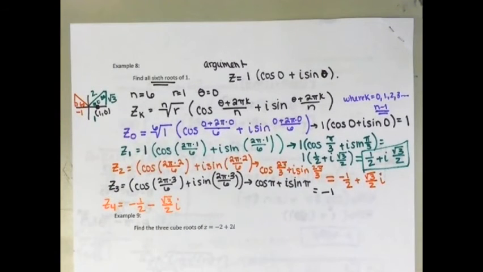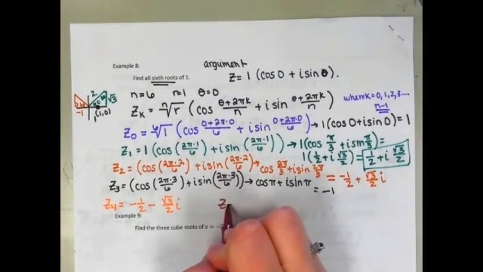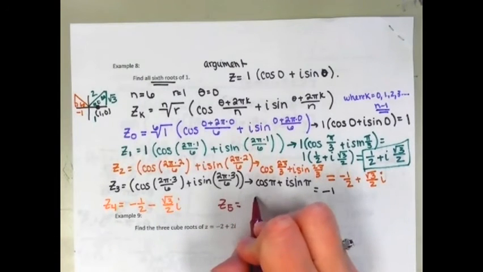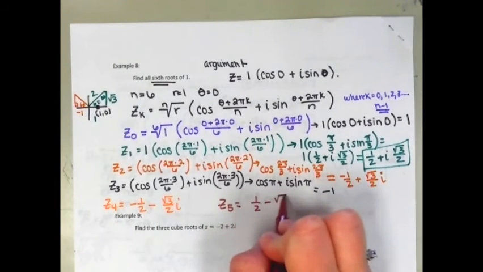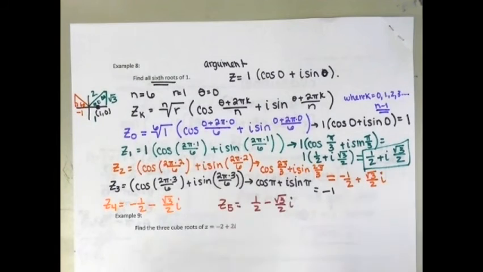And then z to the 5th would be +1/2 minus radical 3 over 2 i. And now we'd be in quadrant 4, so just my y would be negative, which is my sine, okay? If you notice, most of the time the values were always the same. It's just what's negative and what's positive from the two, okay?